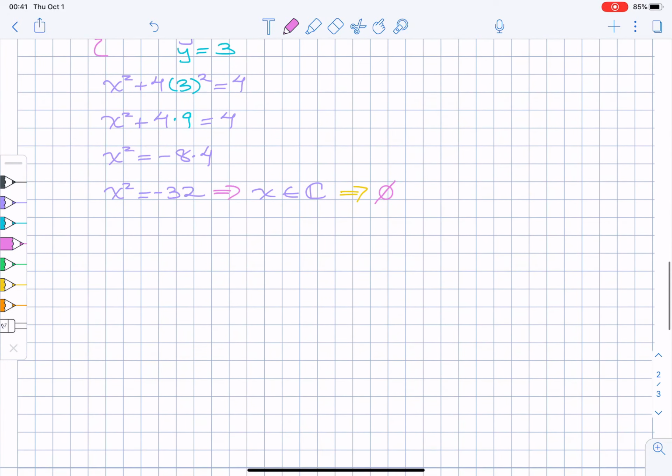So note, what does this mean? The line doesn't touch the ellipse. Okay, hopefully that's making a little sense.